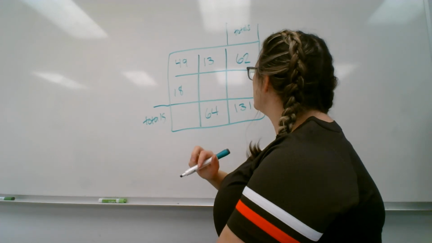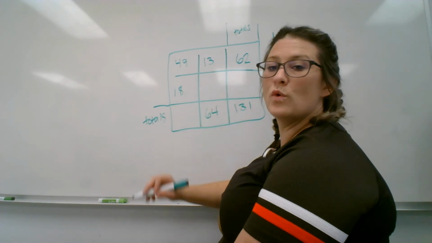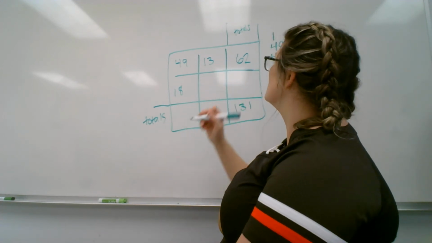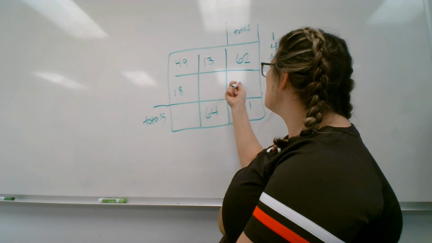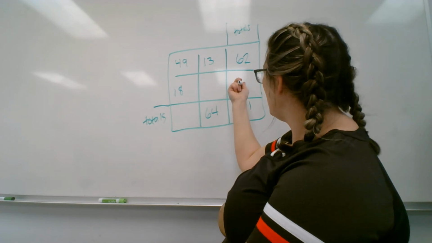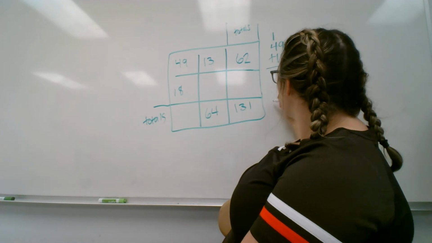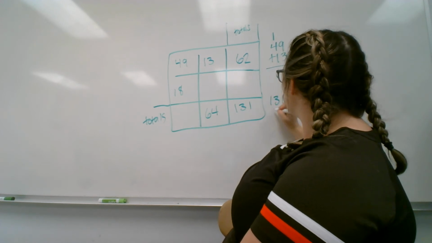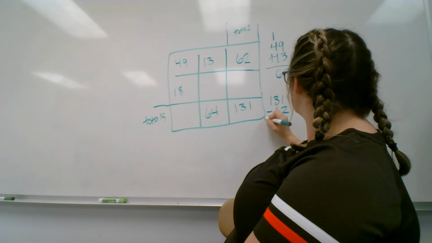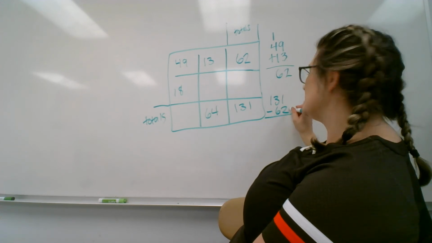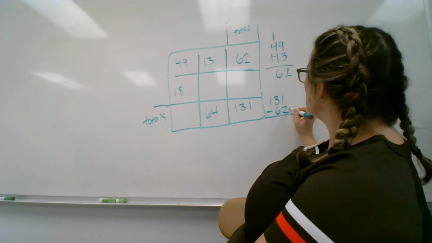All right, now I have more than one number in this column, so I can solve. To get my middle number here, I have to subtract my small number from my total. So 131 minus 62. All right, this 2 is bigger than the 1, so I have more on the floor.